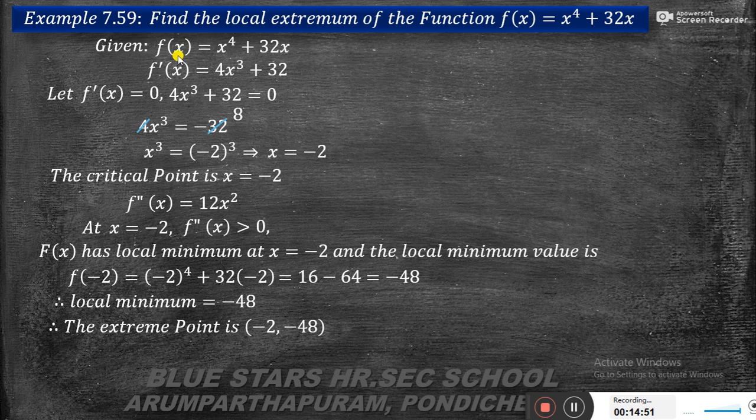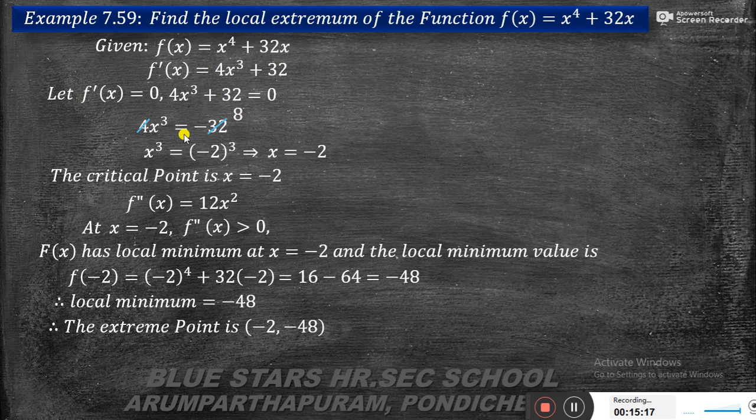First I write the given function, f(x) = x⁴ + 32x. Next I take the first derivative, differentiating with respect to x. So f'(x) = 4x³ + 32, because the differentiation of x⁴ is 4x³ and the differentiation of 32x is 32. Now I take f'(x) = 0, so 4x³ + 32 = 0.